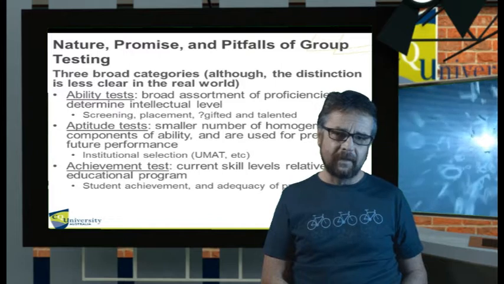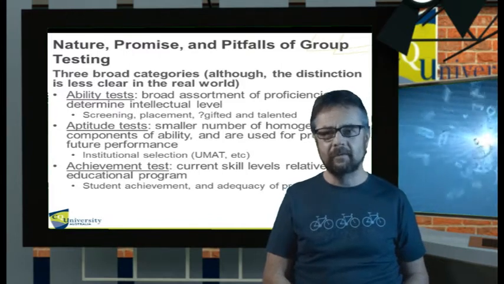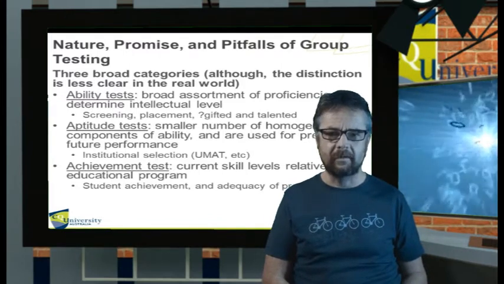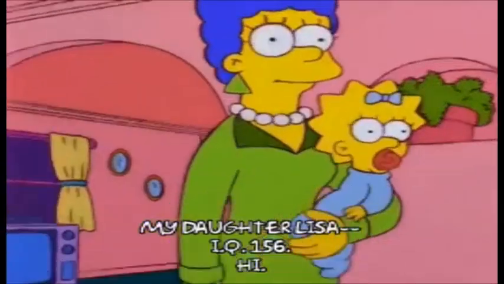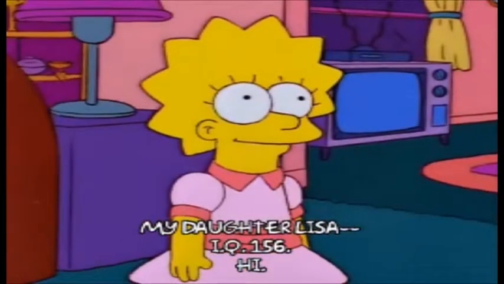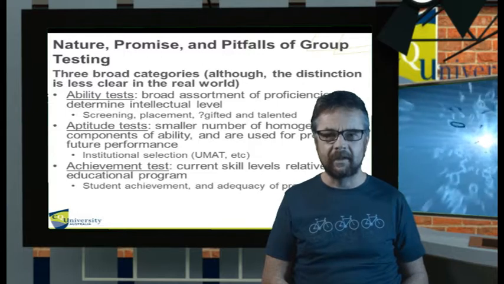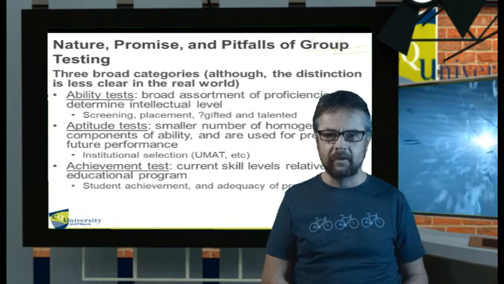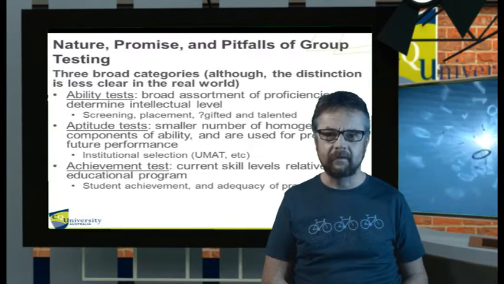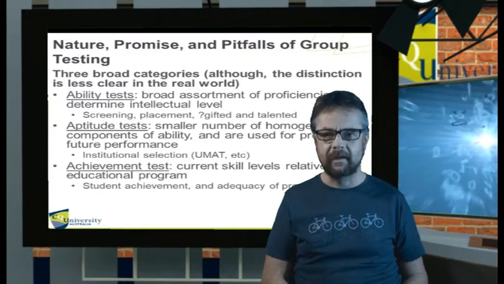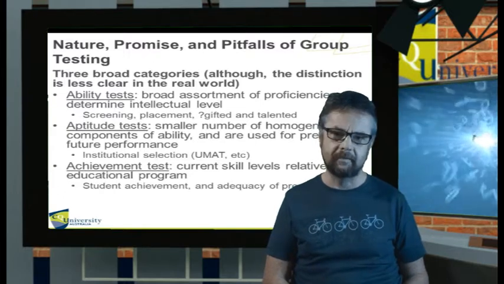So they're used for screening students for placements, but they're also used for selecting students into gifted children programs and so on. Now, achievement tests are best delivered as individual tests when you're wanting to test a level of achievement as part of identifying potential learning problems that a person might have.